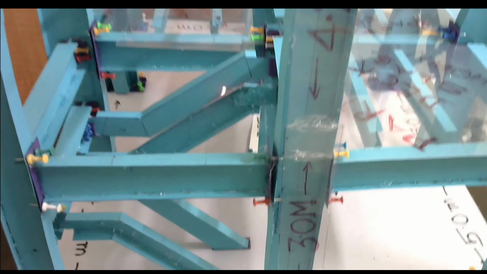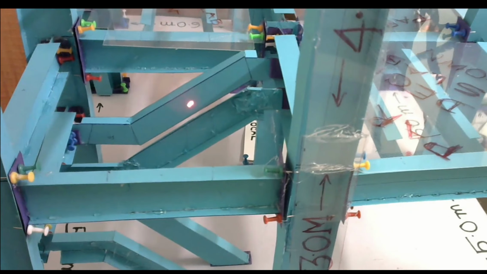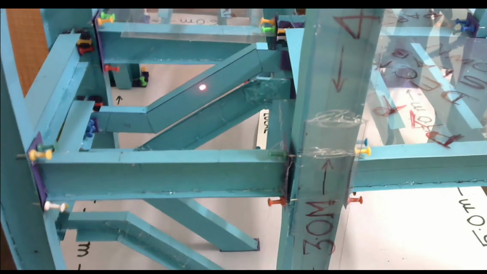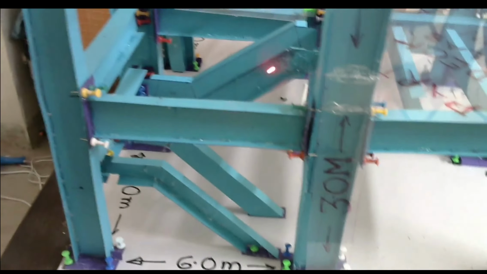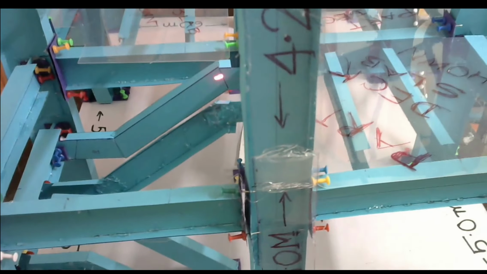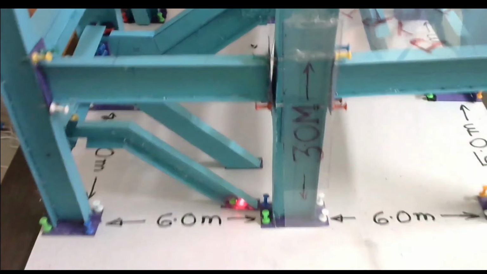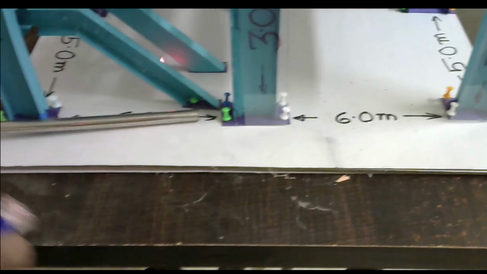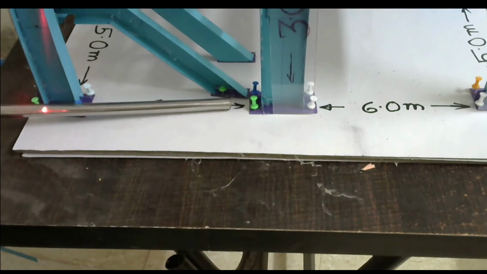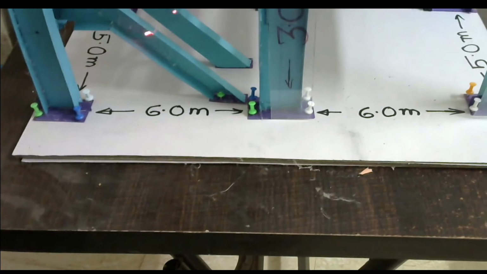So for all practical purposes, we can consider LX, LY as 0.6 meter, and LZ the total horizontal length. I am talking about the horizontal length, not the length of the member. Suppose this is from this point to this point, 5 meters, so LZ will be 5 meters.